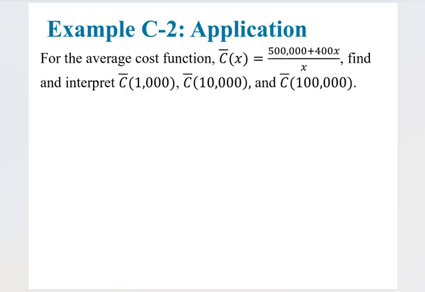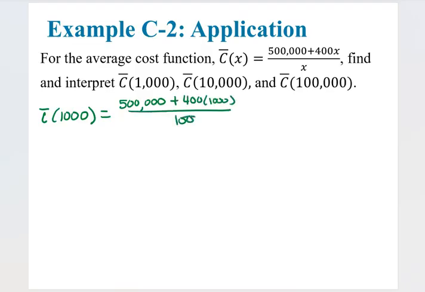Using that cost function that we just found, find and interpret what each of these things mean. The first one says the average cost function at 1,000. What that means is we are going to find the average cost to make a wheelchair if we make 1,000 wheelchairs. So you plug that into your function: 500,000 plus 400 times 1,000, and then divide that by 1,000.